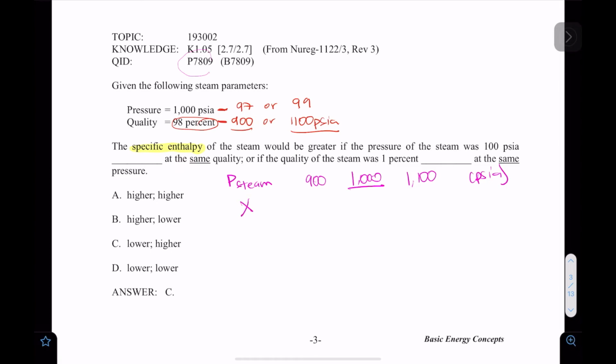And it's telling us, okay, the steam quality is 98%. If the steam quality is either 97 or 99, it's either higher or lower, right? It's giving us the option of higher or lower. And we want to get what will give us the greatest enthalpy. And for that, we really need to use our Mollier diagram.